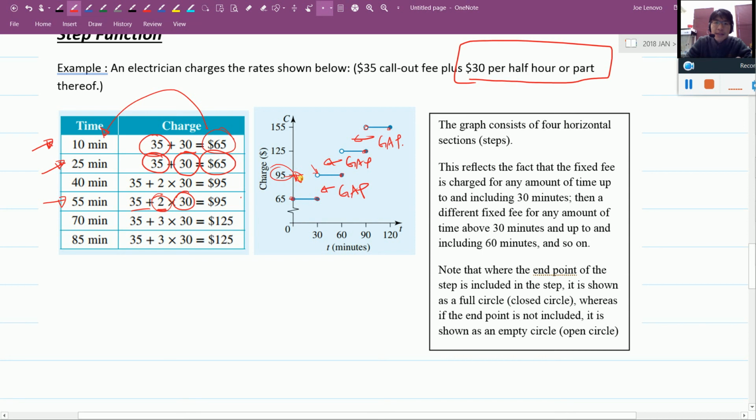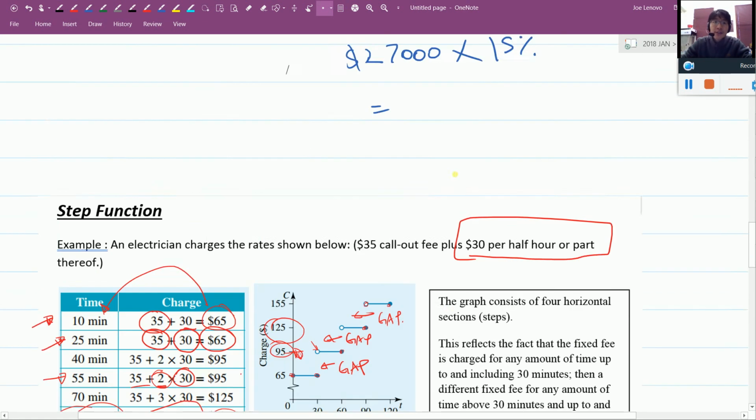For 85 minutes, it's up to 30 minutes, and 85 is still under 90 minutes, so there would be $125.